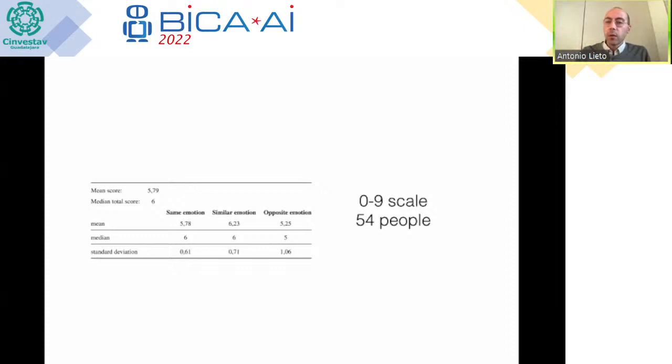We used a 0 to 9 scale to evaluate how much they liked the emotion-based recommendation of artistic items. We can see here that there are two findings. The first one is that there is a certain cognitive resistance to accepting recommendations based on opposite emotion.